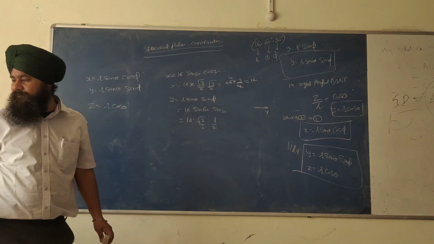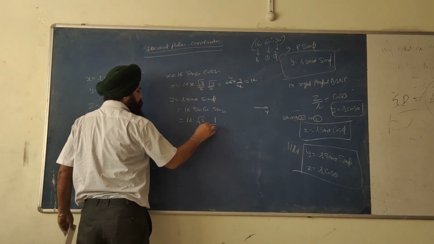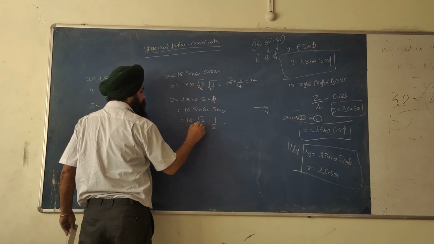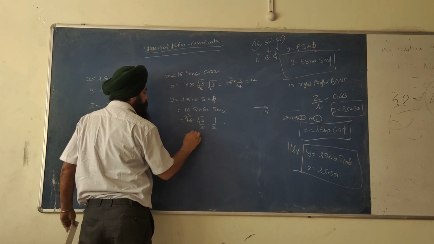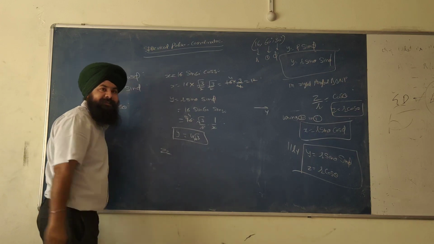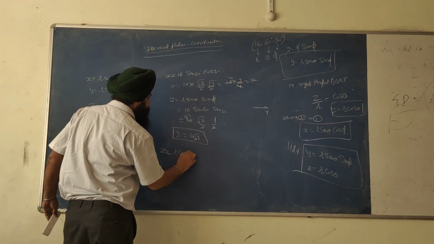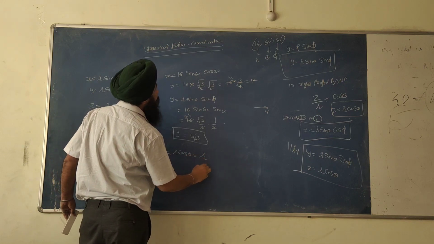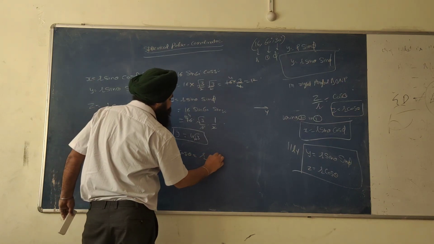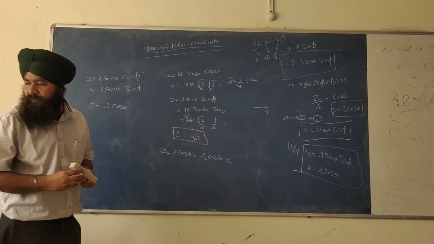What is the answer? 4 root 3. What is z? z is equal to r cos theta, so r cos 60. What is cos 60? 1 by 2.